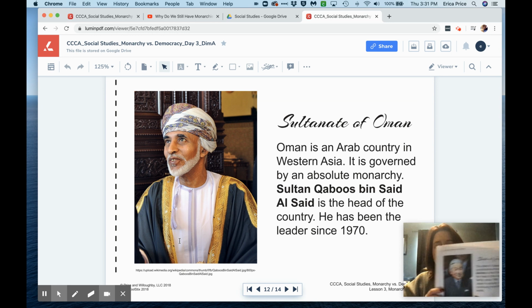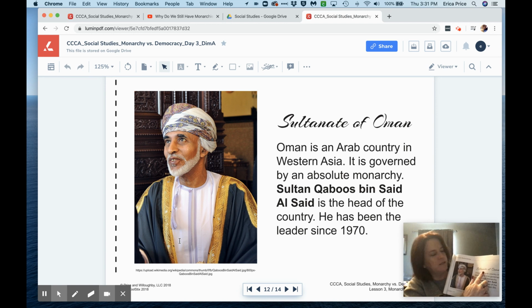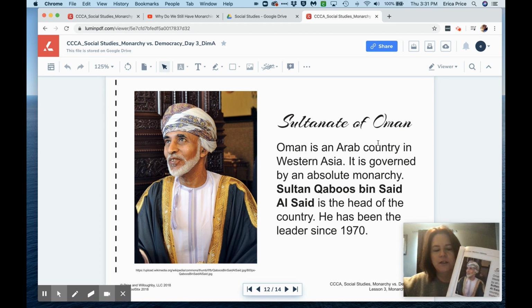All right, so now the next place we're going to look is the Sultanate of Oman. Sultanate of Oman. Oman is an Arab country in Western Asia. It is governed by an absolute monarchy. Sultan Qaboos bin Said Al Said is the head of the country. He has been the leader since 1970. So what kind of monarchy is this?